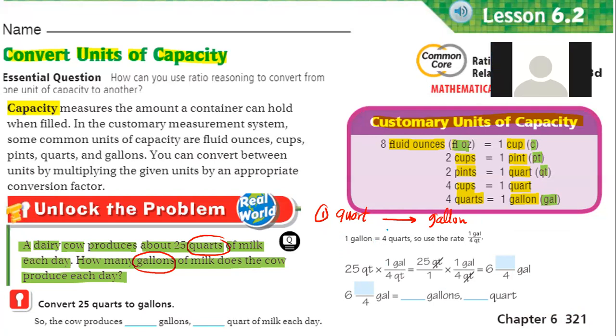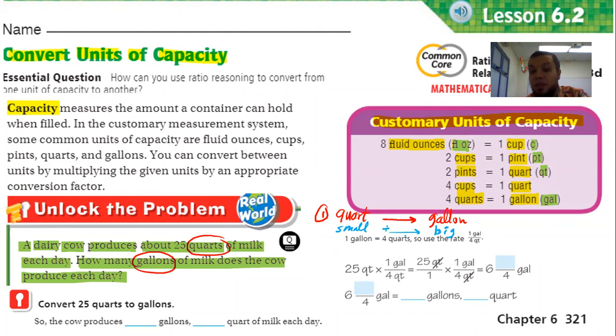What is the smaller and what is the bigger? Yes, this is the correct answer. Quart is the smaller and the bigger is gallon. So here it is small to big. Good job. When we convert from small to big, what should I do? Divide, that's right. Divide by the conversion number between quart and gallons.